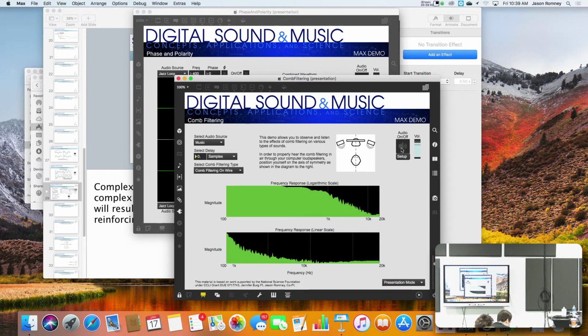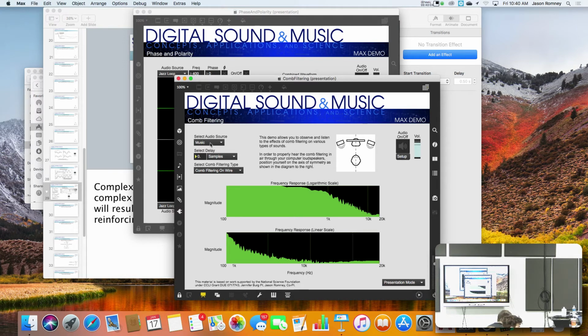Does more time necessarily equal more comb filtering? Yes. The more delay or offset of time, the more cancellations or reinforcements you get. But it also starts at a lower frequency. So the more time you have, the lower you're starting at. Yes, exactly.